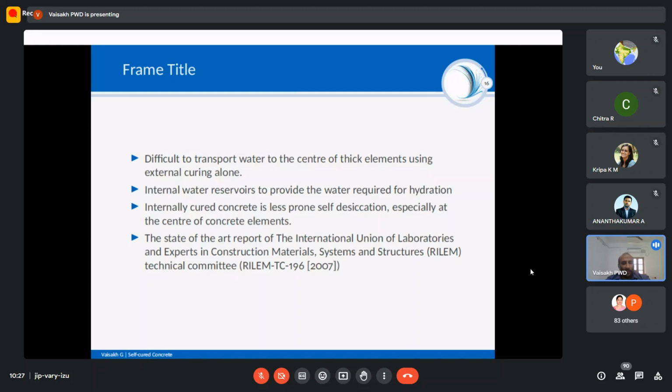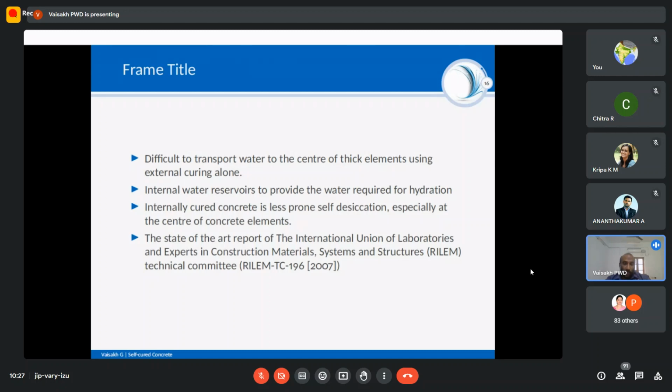So internal water reservoirs are very much essential for proper hydration of the cement in concrete, which is very crucial in determining the gel pore structure.